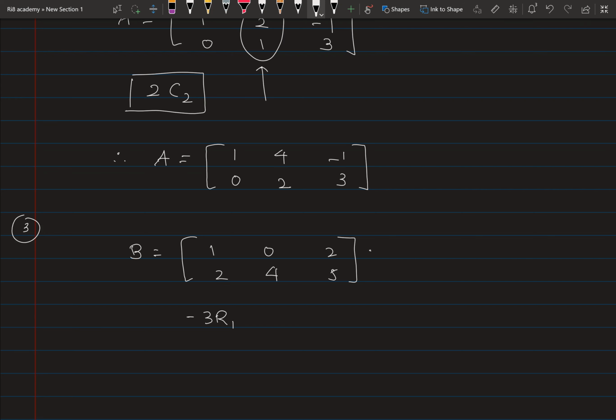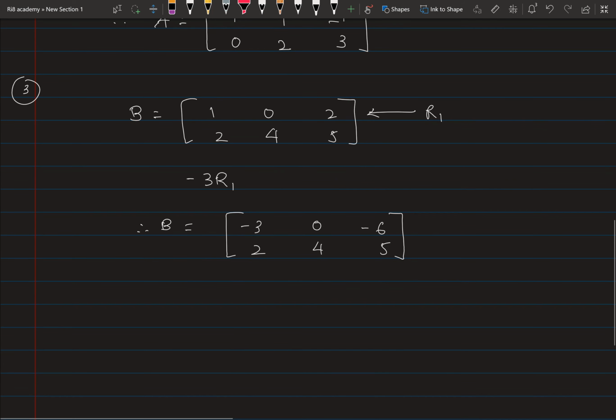R1 is the first row, this one. All the elements of R1 should be multiplied by minus 3. So what about R2? Let's copy it as it is and then multiply R1 by minus 3. All the elements of R1, that is 1, 0 and 2, are multiplied by minus 3. So we get minus 3, 0, and 2 multiplied by minus 3 gives minus 6.